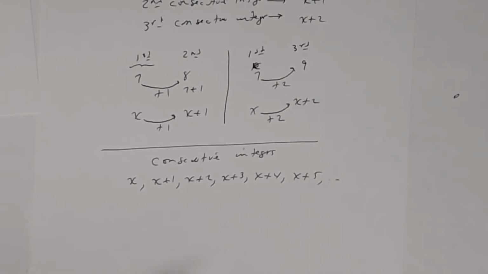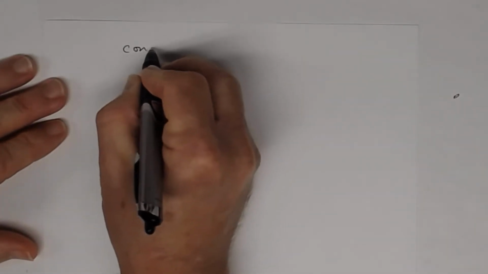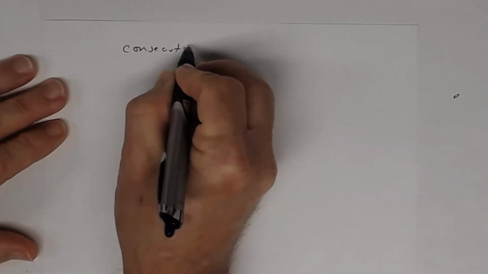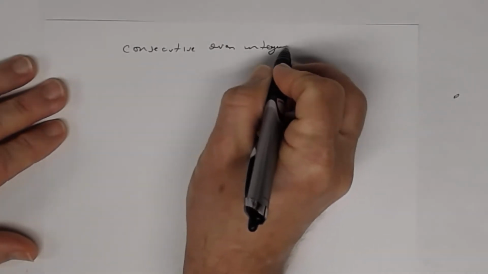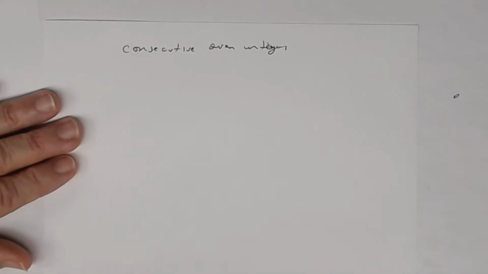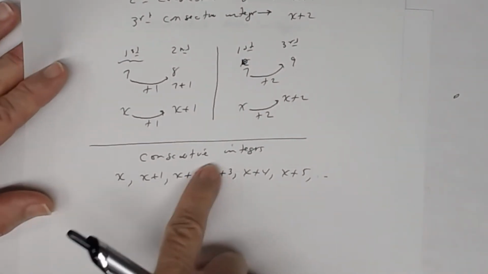So let's look at that now. So let's talk about consecutive even integers. What would that look like abstractly? So we know that consecutive integers look like this.